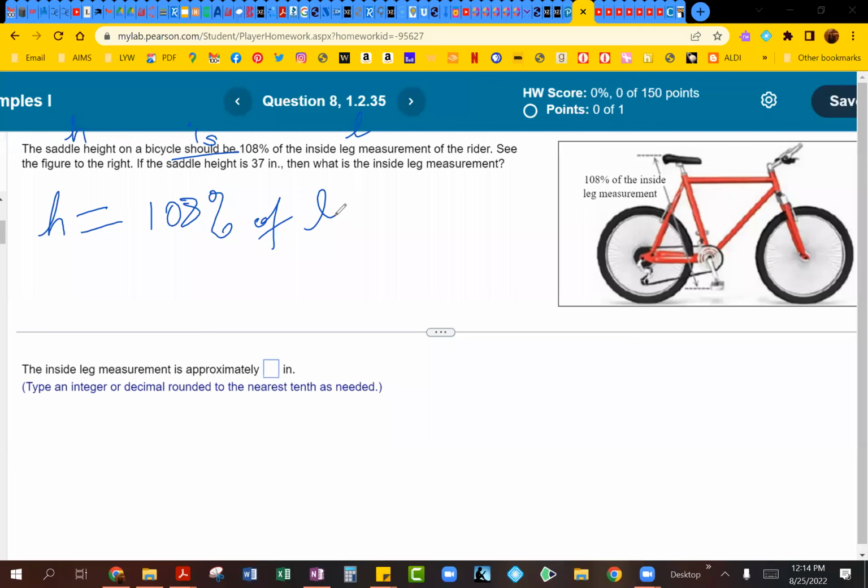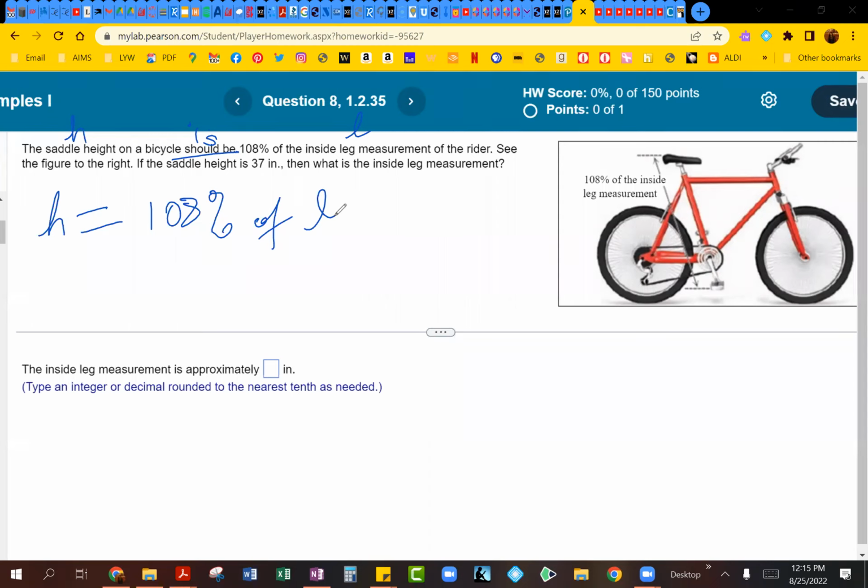Now, this may have been a long while for you, but if you remember the basics of equation forming, "is" always represents the equal sign, and "of" represents multiplication. So think of it as "is", that's going to give you your equal sign. The saddle height equals 108% of, so that's the multiplication, 108 times whatever the inside leg measurement is.